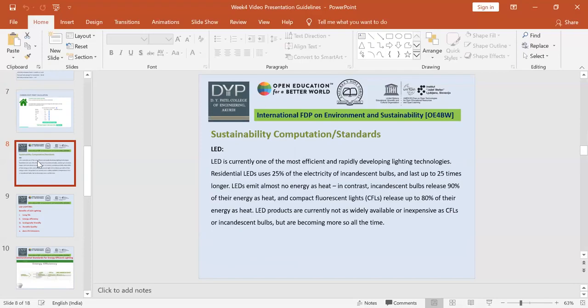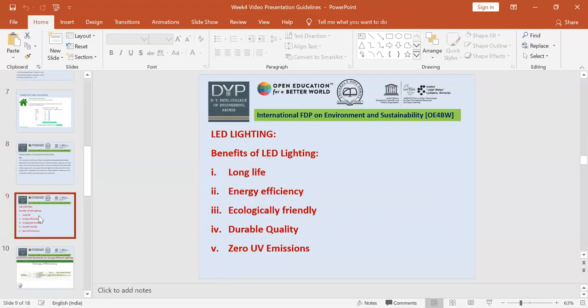LED products are currently not as widely available or inexpensive as CFLs or incandescent bulbs, but are becoming more so all the time. In the first week, we discussed CFL lamps, and in the second week, the advantages of LED lamps over CFL lamps. Why are we extending from CFL to LED?